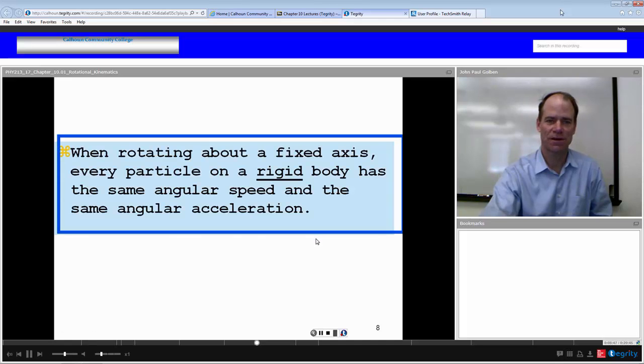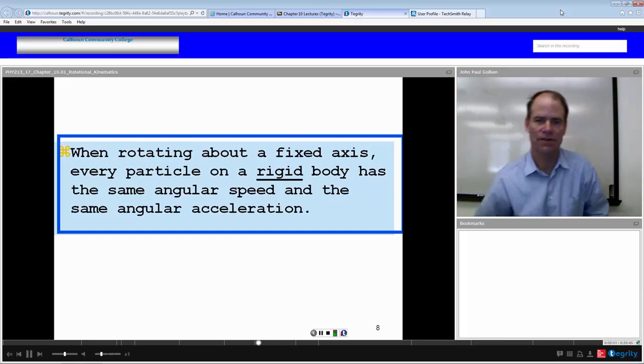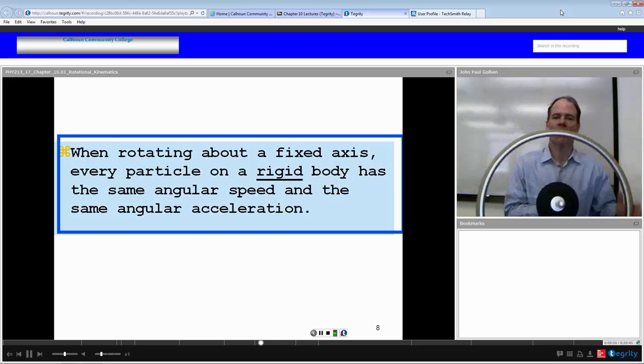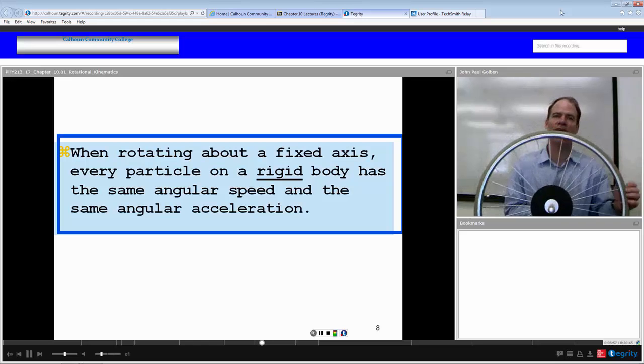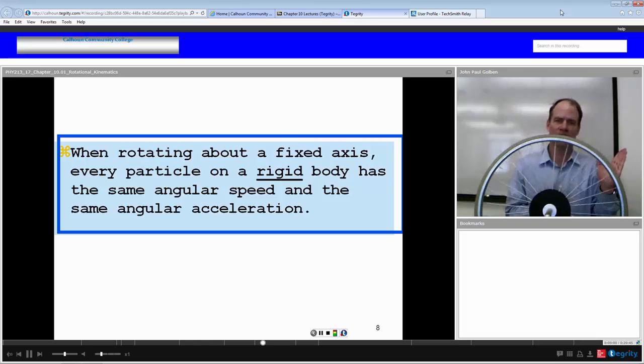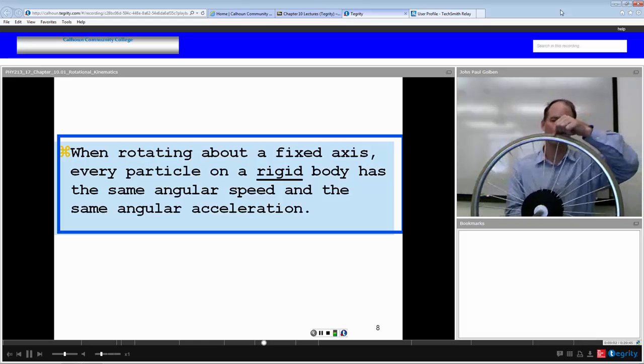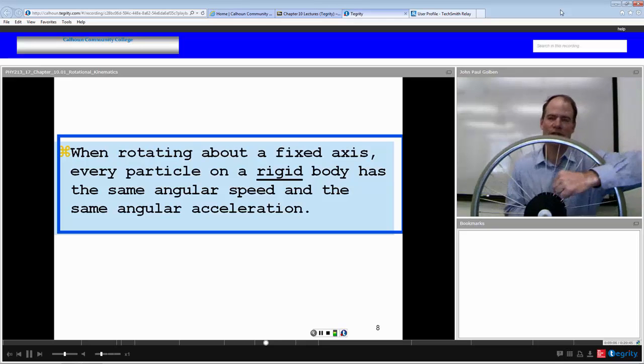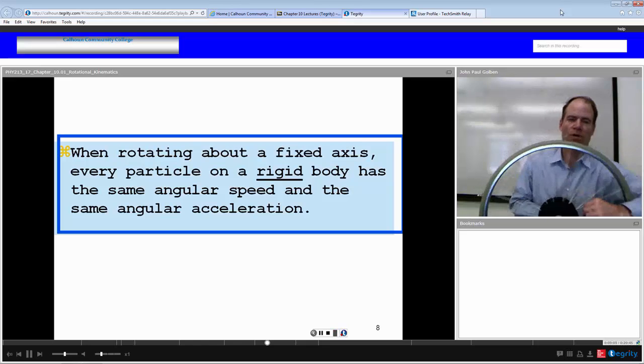Here's the point though. If we had a rotating body about a fixed axis like this wheel, every particle on this wheel will have the same angular displacement. If I look at a point on the rim and it goes through this angle here, that will be the same angle as a point to the interior going through the same angle.